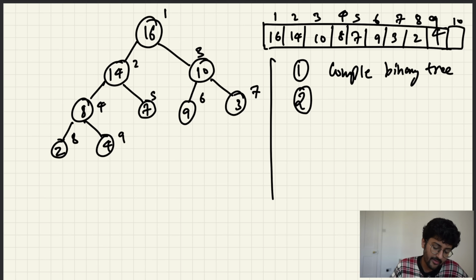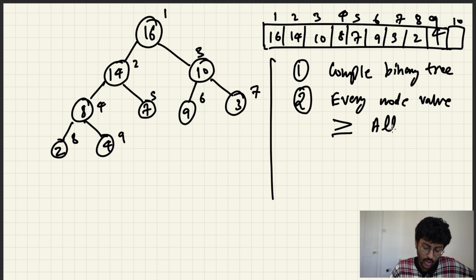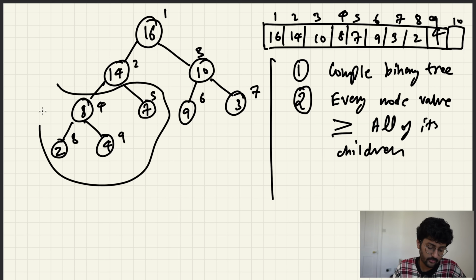Here you will see every node value is greater than or equal to all of its children. For example, 14 will be greater than or equal to all the things below it. That is true.